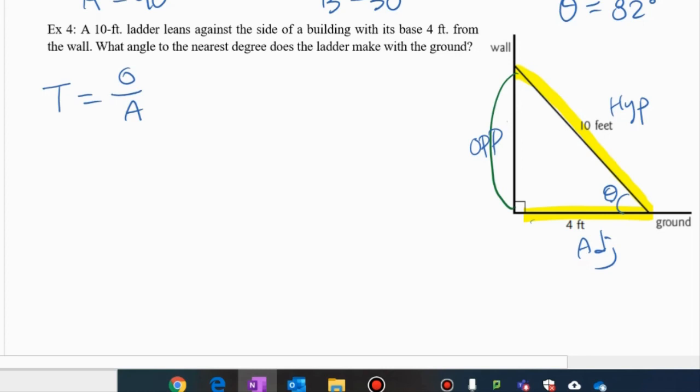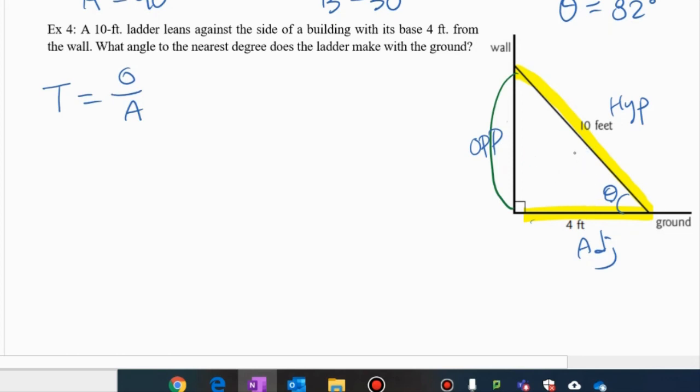We actually solved this kind of problem in your review package. How would you do that? So we're going to use the Pythagorean theorem. We know a squared plus b squared is c squared.